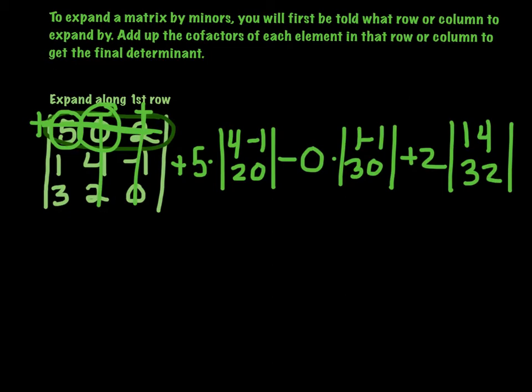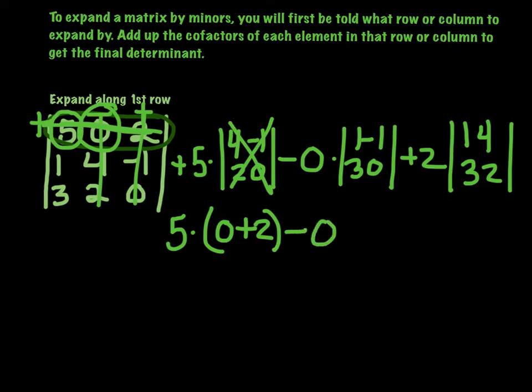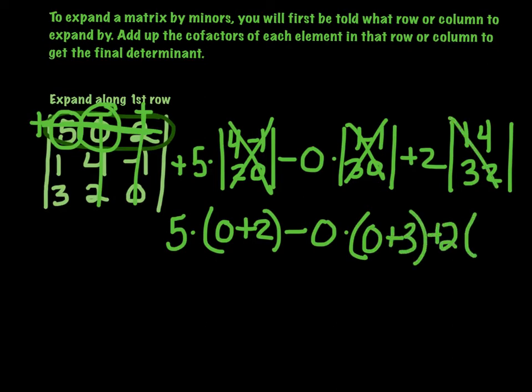So I've got 5 times, and then I'm going to take cross minus cross, which is 0 minus negative 2. Then I'll have minus 0 times cross minus cross, which is going to be 0 minus negative 3. Plus 2 times cross minus cross, which would be 2 minus 12.